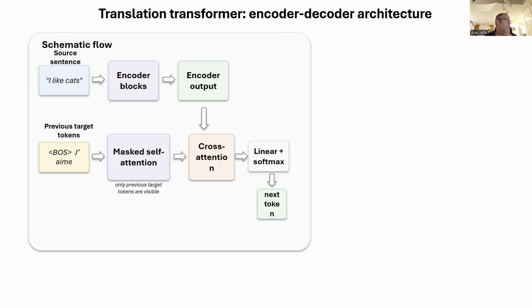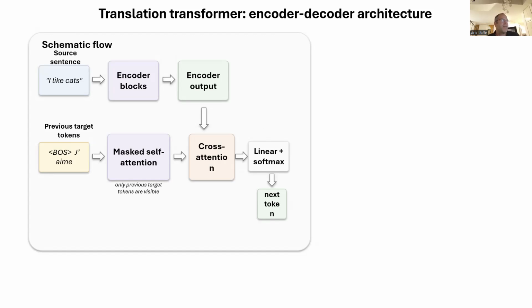If we look at the schematic flow on the left, the upper left is the original sentence in English, "I like cats", and we have the encoder block. This is similar to what we had at the beginning: tokenization, token embedding, position encoding, and all the attention mechanism repeated. And we have the encoder output, which is the embedding of the tokens.